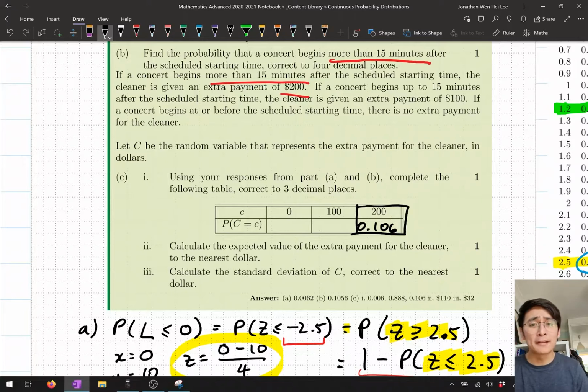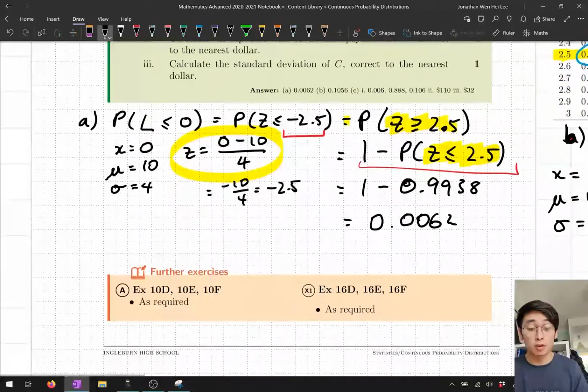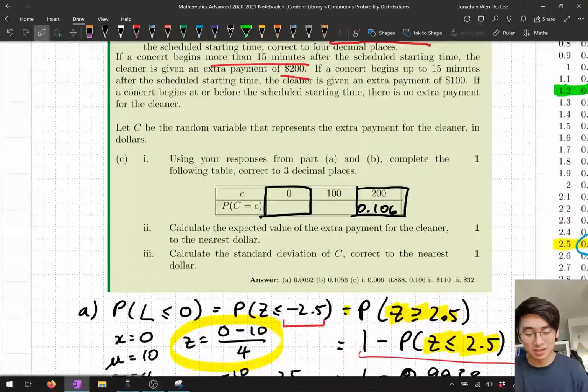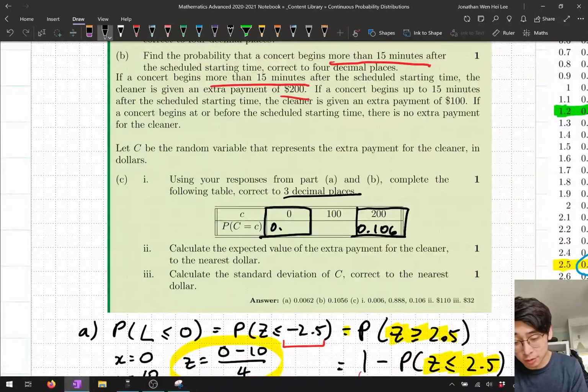Now in part A, we also found the probability of it starting at the starting time, on time or earlier. That's just this box over here. For that one, we found a probability of 0.0062. We just want this to 3 decimal places, as the question says, 0.006. That leaves us with this middle group of $100.